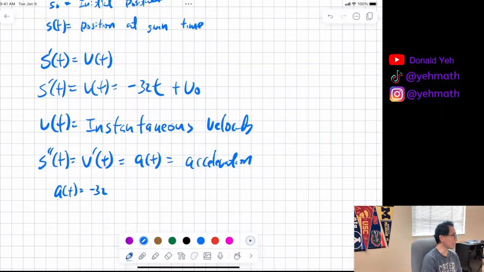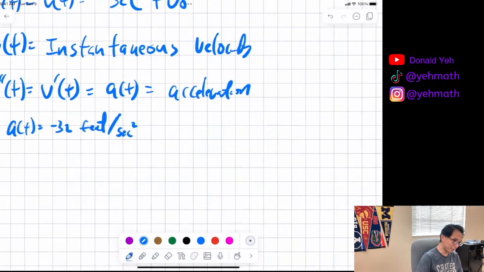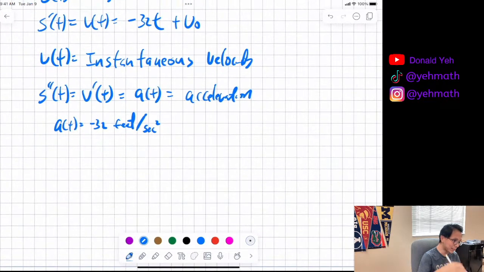Acceleration is the same as the gravitational constant. If you take two derivatives of 4.9 t squared, it's going to be 9.8 meters per second squared. Always like that. So it's going to be feet per second squared, or negative 9.8. Okay, so that's acceleration.